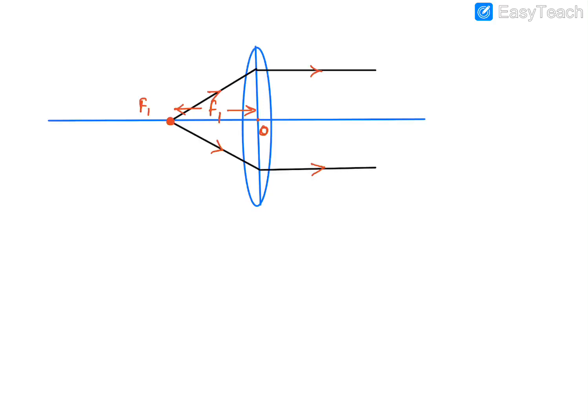In the same way, there is a first focal point for a concave lens. Now, how is the first focal point for a concave lens? So in this case, I'll just try to draw a rough sketch. Here there is a lens out here.